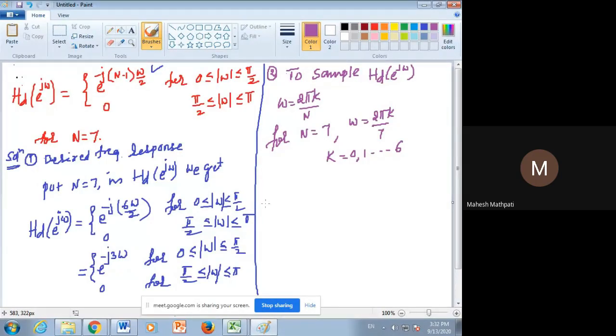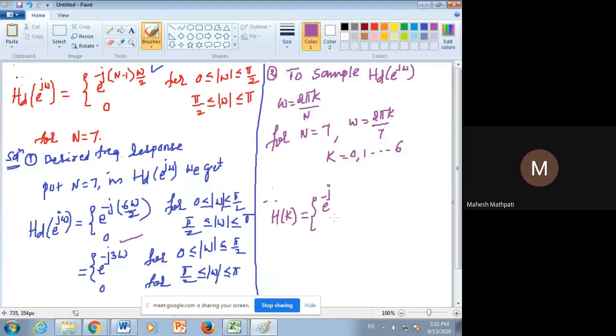So here, therefore, just write: HD of e power j omega becomes H of k, which we are writing as e power minus j, and here there is omega, right?